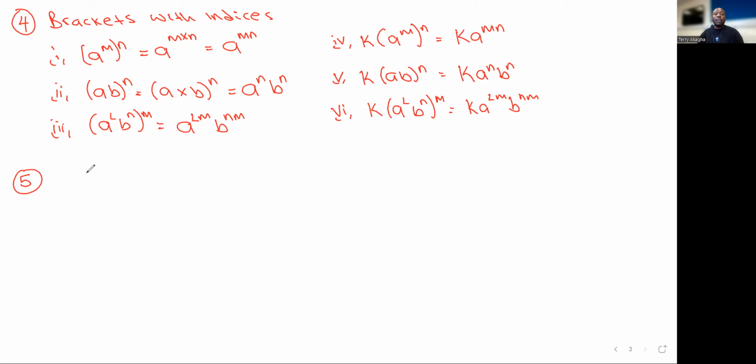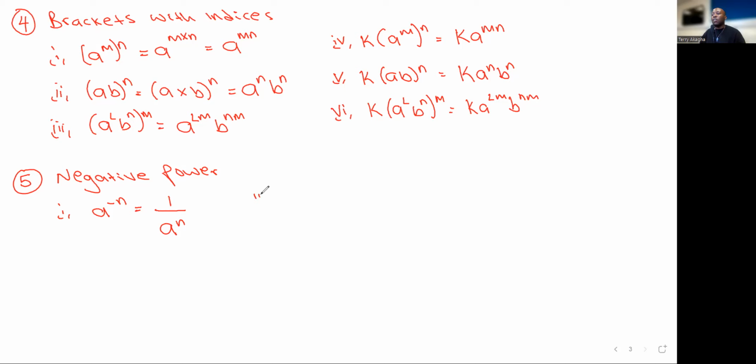The next one is what we call the negative power. If you have a negative power, what does that imply? The other one is a raised to the power minus n. When you have a raised to the power minus n, it's the same thing as saying 1 over a raised to the power n.